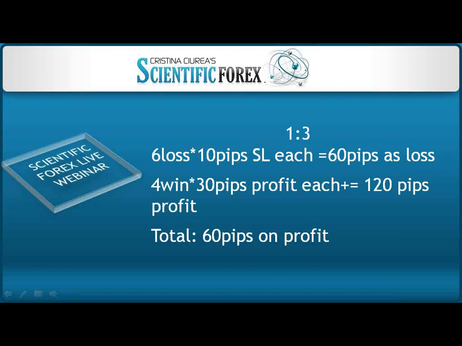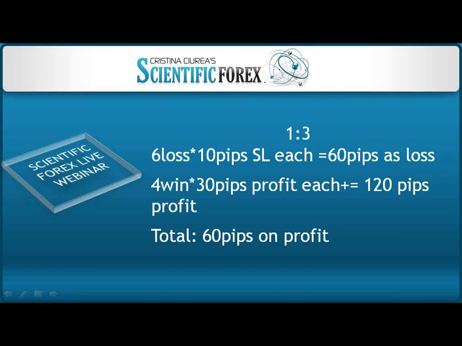So considering this, we have to look for the signals that we have from the system. We have to establish the new targets according with the system rules. We have to establish the stop loss for the new trades we want to enter.